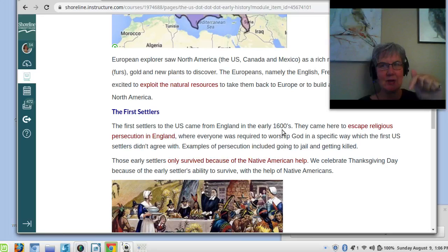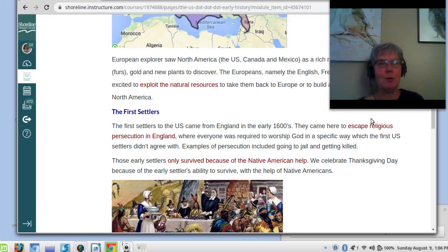They came here to escape religious persecution in England, where everyone was required to worship God in a specific way, which the settlers didn't agree with. Examples of persecution included going to jail and getting killed. Even though they were all Christians, they were a different group of Christians and they fought against the Church of England. So then they decided to come here.